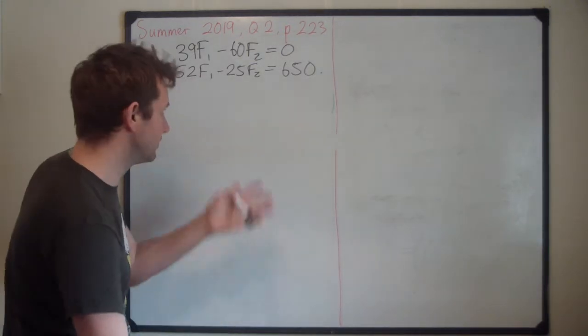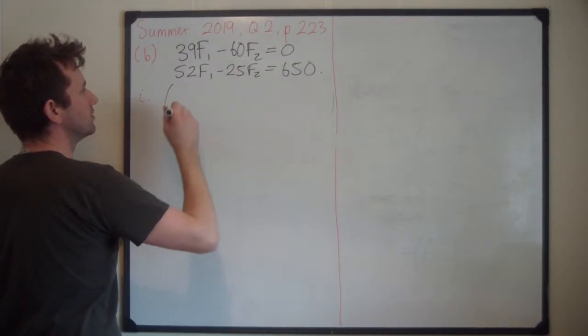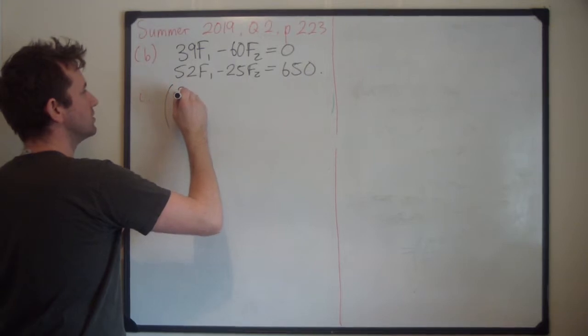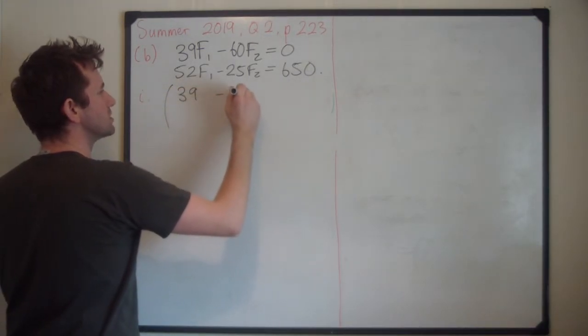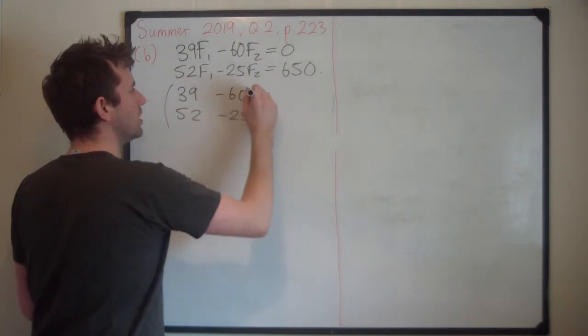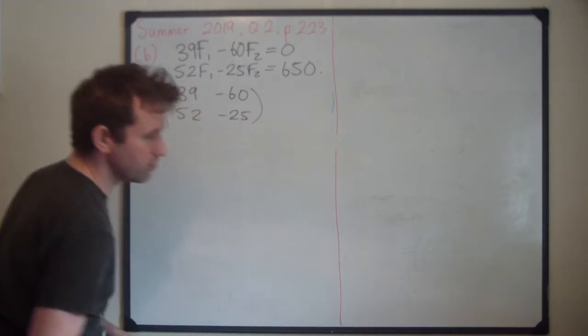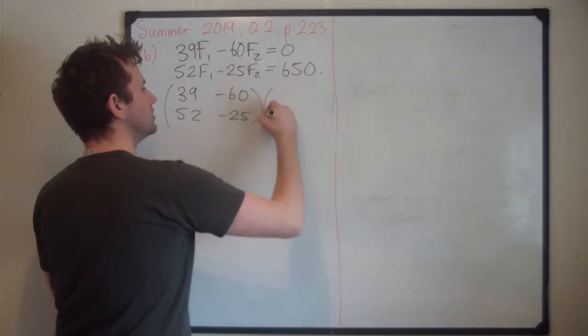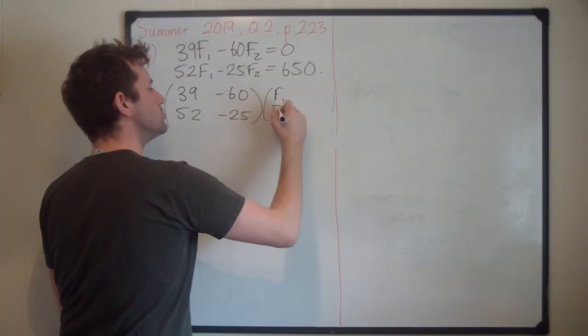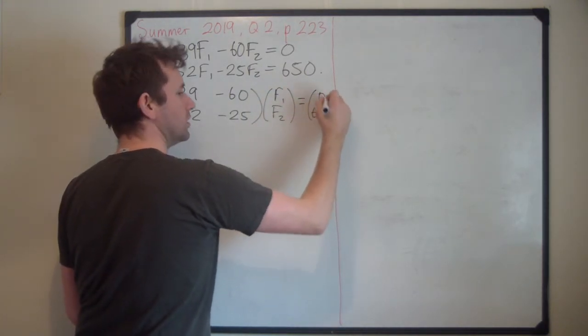So this is something you either know or you don't at this stage, I suppose. So you can write it as 39 minus 60, 52 minus 25. So that's the matrix of coefficients multiplied by the vector of unknowns, which is F1, F2, equal to 0, 650.